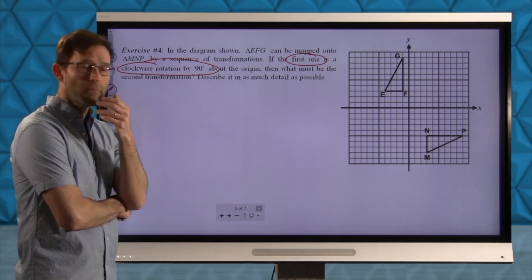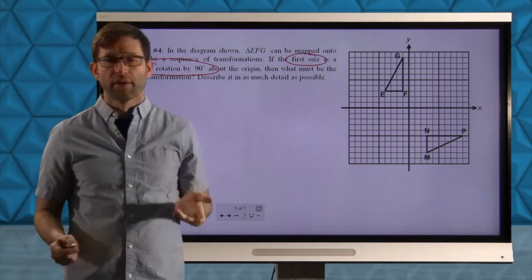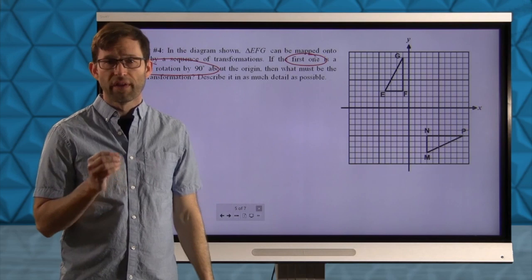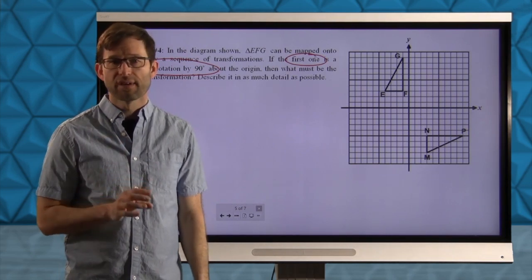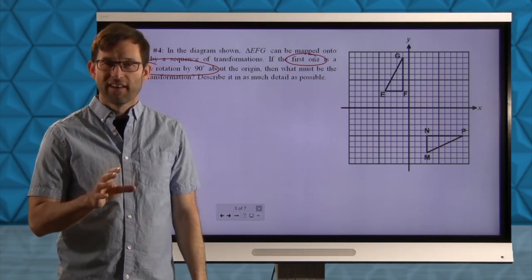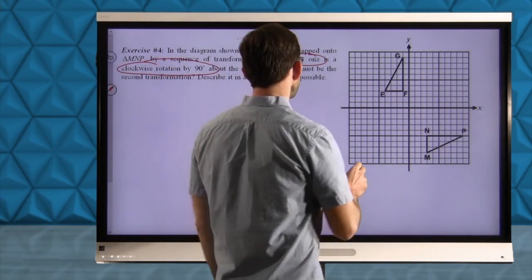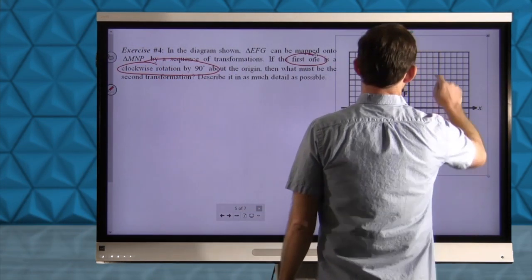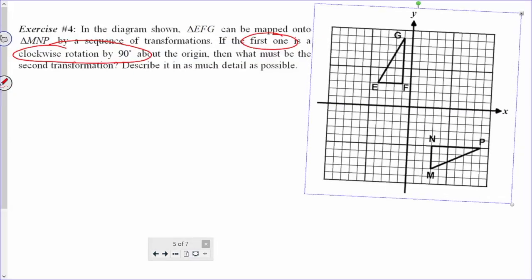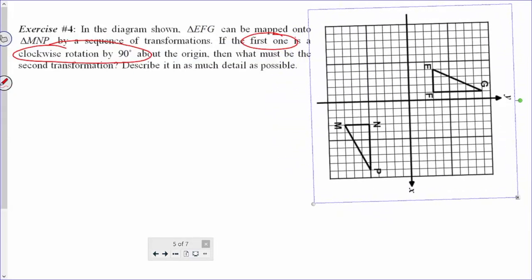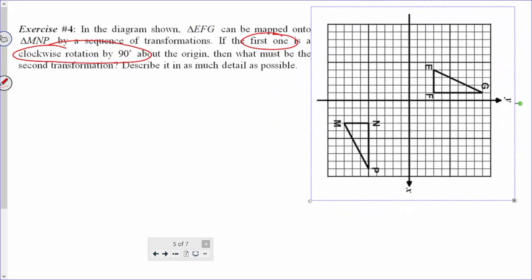Okay, let's go through it. Well, to me, the logical thing to do is to actually draw the image of EFG after it's had that 90-degree rotation. Now again, remember, an easy way to do 90-degree rotations is to physically do it. In other words, I'm going to go like this, right? Clockwise rotation.